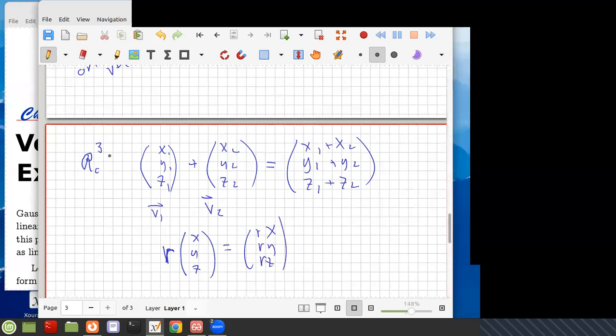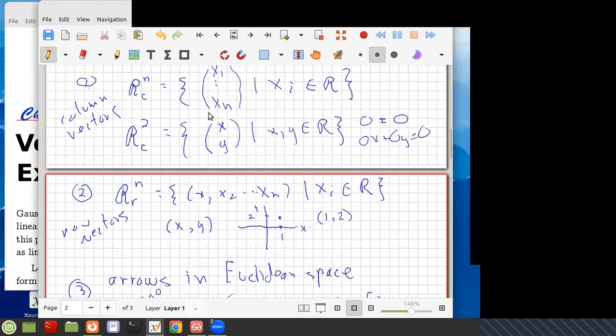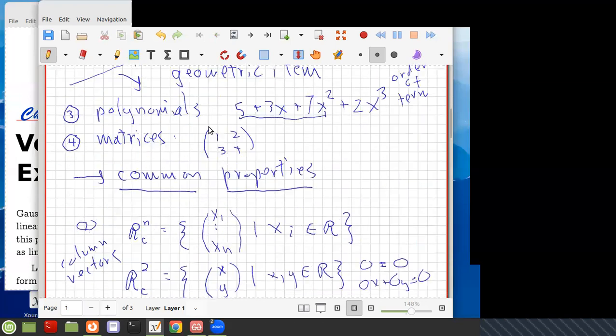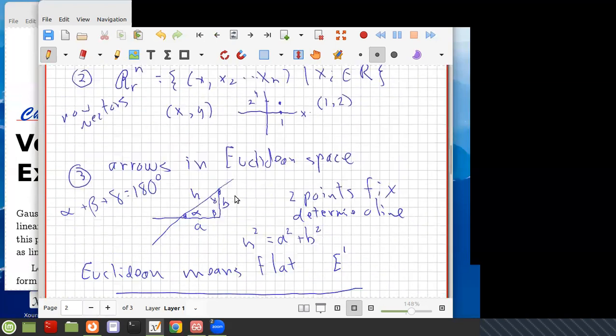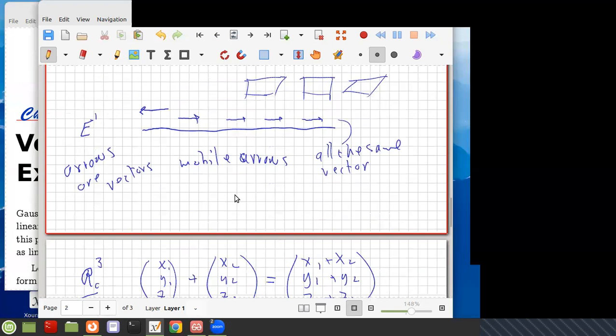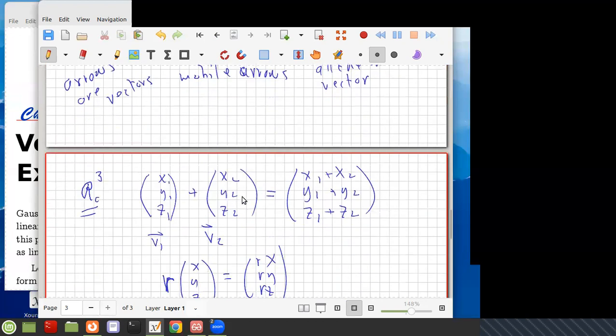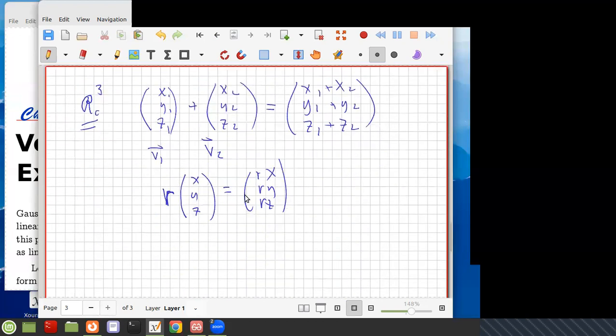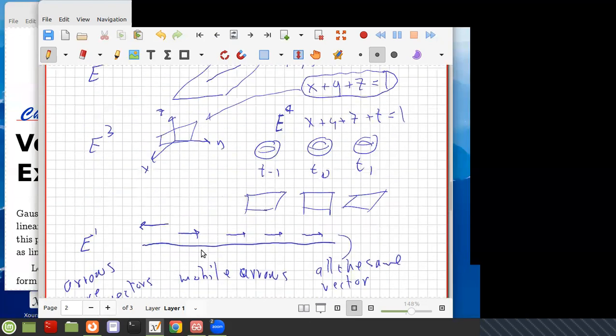So this is the set of 3-component columns defined up here, and these operations tell you what you mean by a vector space. Okay, so now if we come back and we ask, well, what about this space?